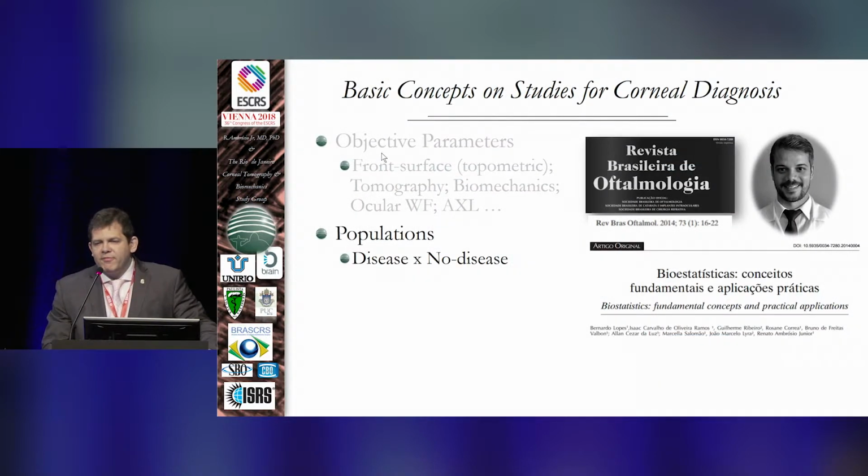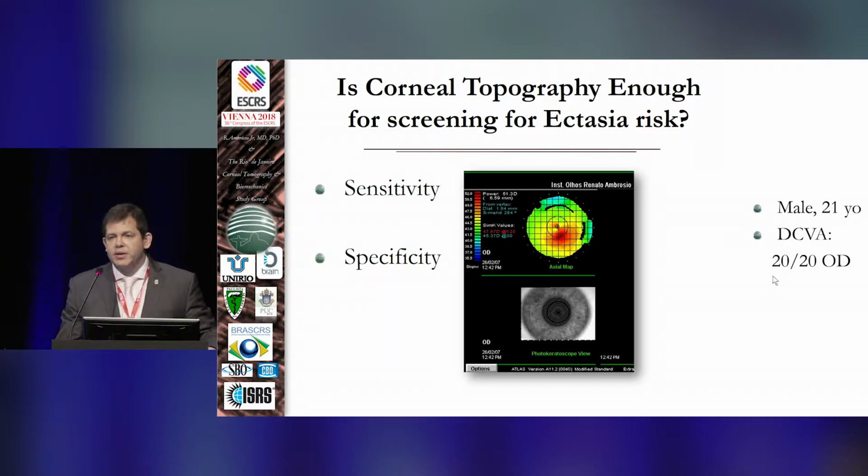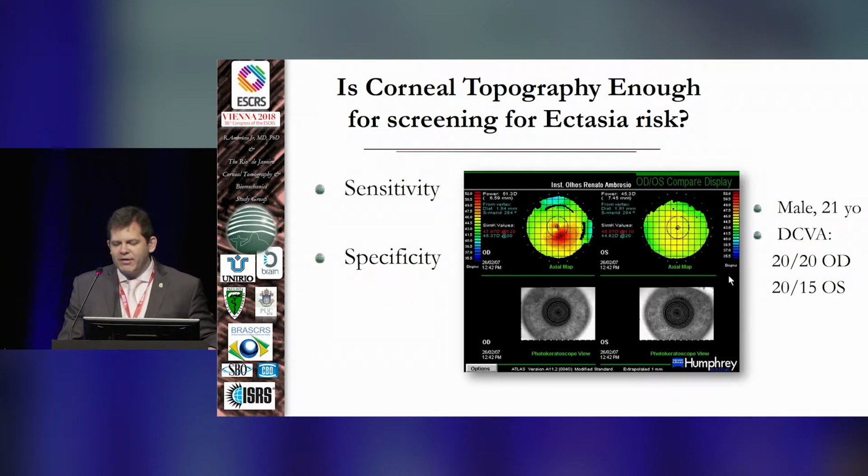We also need to have populations, how you set up the disease. And I come with this integration. You have to talk about how you tell it's better. It's better than topography, but topography is great to see topography abnormalities in a patient with 20/20 best corrected vision, but the fellow eye of this patient just demonstrates you have to go beyond. Definitely not over, but beyond.